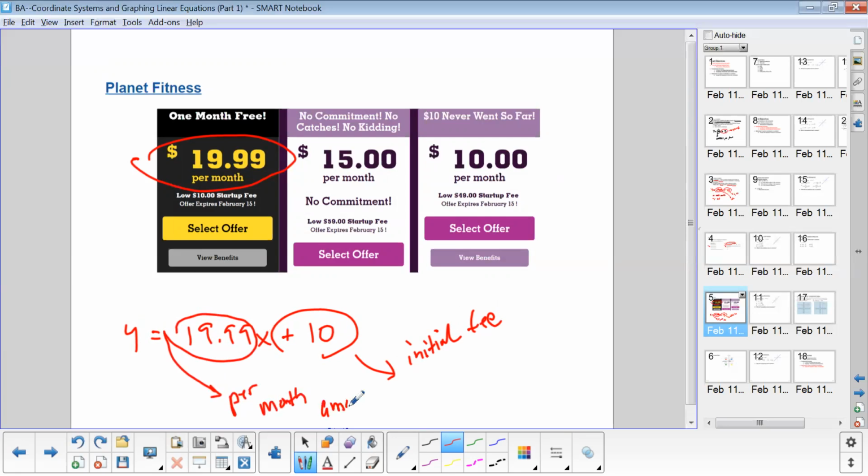And you've got different types of plans, as low as a $59 startup fee and $15 per month. And here is a $49 startup fee at $10 per month. So different promotions, different offers, different prices provide different aspects.